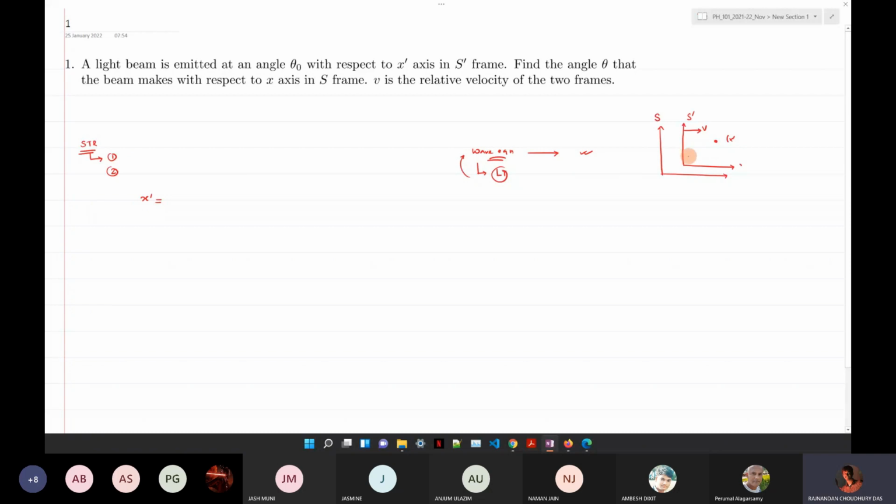If you do simple Galilean transformation, what will be x prime? x prime will be x minus vt, right? This is the Galilean transformation.